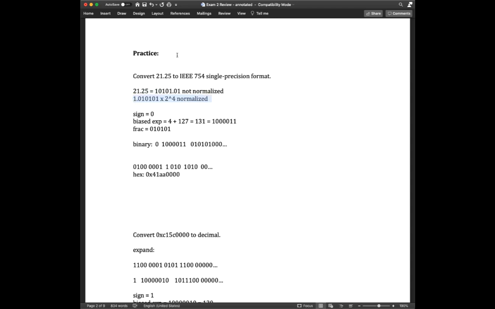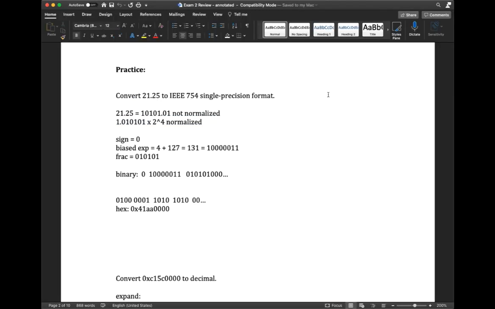All right, so once we do this work and get the number normalized, we're ready to put it into the format. This is a positive number. That means the sign bit is going to be 0. Our real exponent is 4. We add the bias of 127, it's always 127, and we get 131.